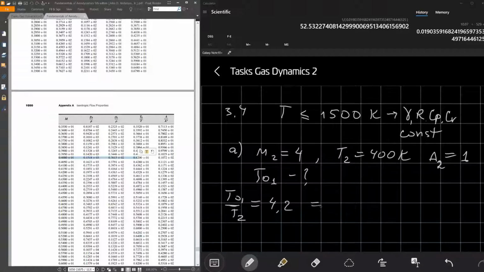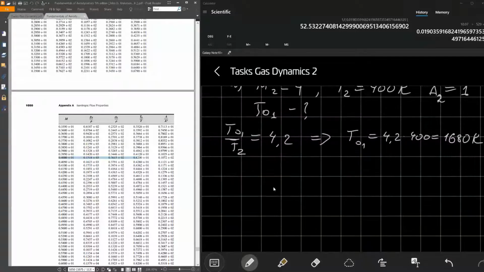From here we find T01 is 4.2 multiplied by 400. And it's how much? 1680, right? 1680 Kelvin, and it's bigger than 1500 K. So our flow cannot be considered with constant values of gamma, gas constant, and specific heats.